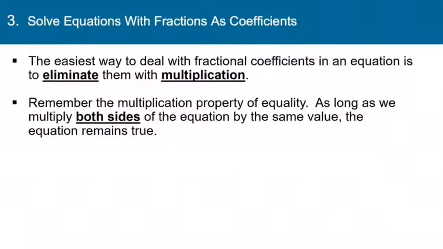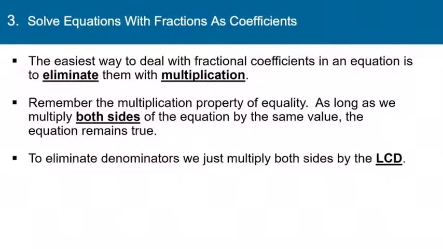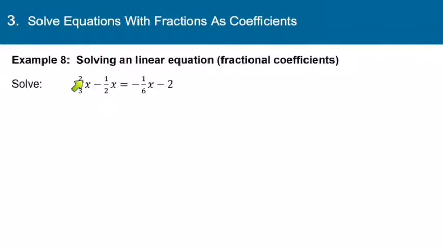So we're going to take advantage of that here and use that to help us eliminate our denominators. To eliminate denominators, all we have to do is multiply both sides of the equation by the least common denominator, the LCD. So let's take a look at an example together.